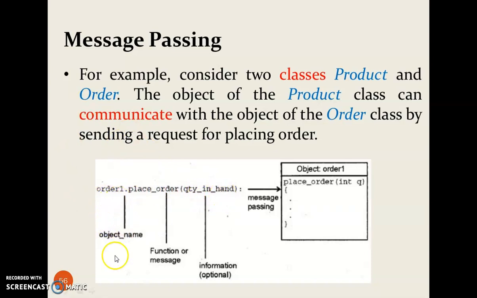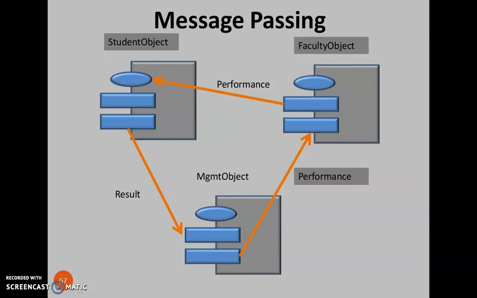Order1 is the object name, place order is the function or the message, and quantity in hand is the information that is passed. It's an optional one. Here is another example: student object, faculty object and management object. They are passing messages through the functions.